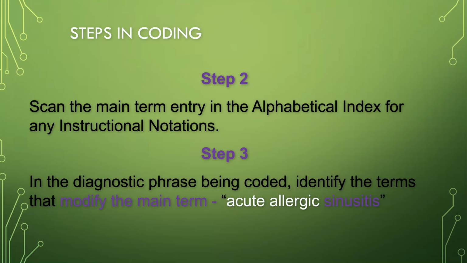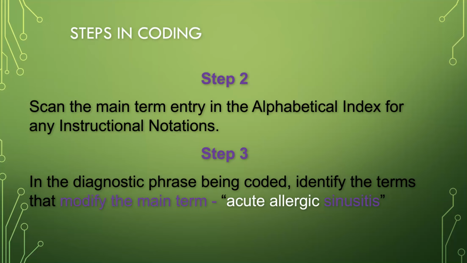That means they are extra words to help you ensure you're in the right place. So under the term sinusitis in your index, you're going to see accessory, chronic, hyperplastic, nasal, non-purulent, or purulent. Now, these non-essential modifiers do not have to be present in our diagnostic statement, but they just give you more information. All right, so in our diagnostic statement from the physician, acute allergic sinusitis, the modifying terms are acute allergic.